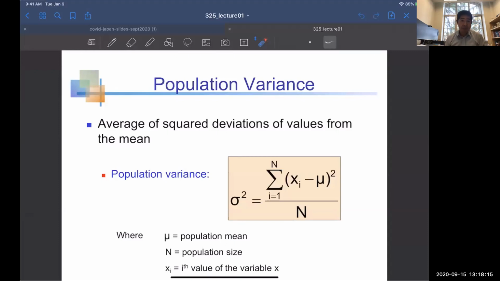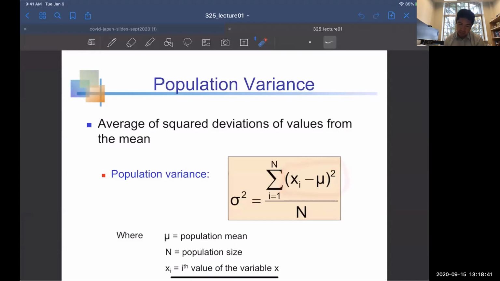Okay, so population variance is one measure of the variability, which is the average of squared deviation of values from the mean. So that's what it is. Okay, so what is it? So look at this term.